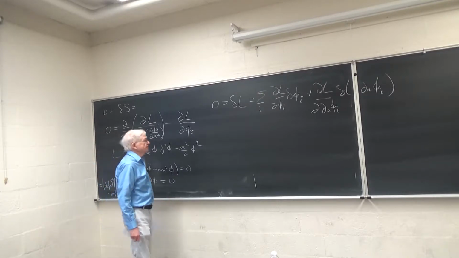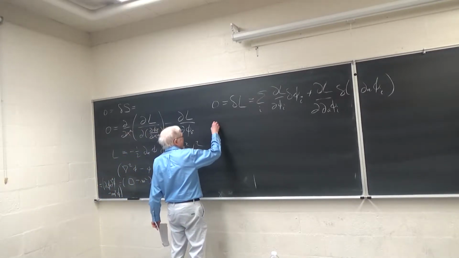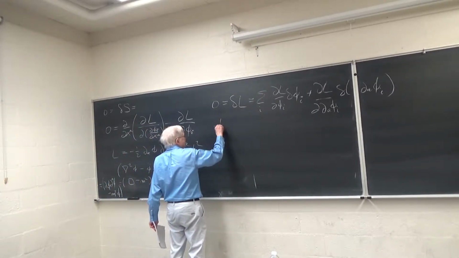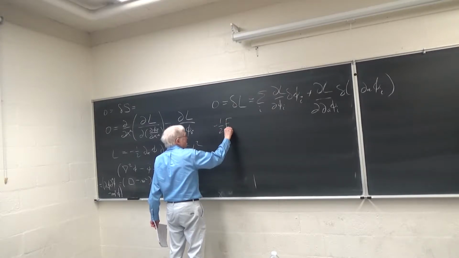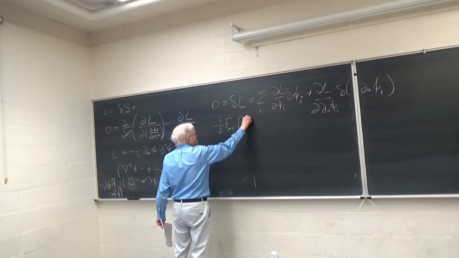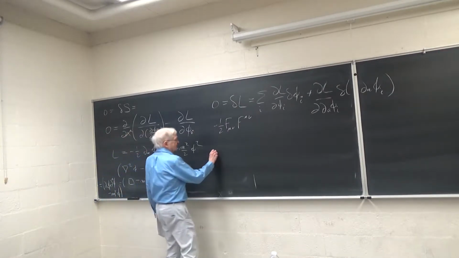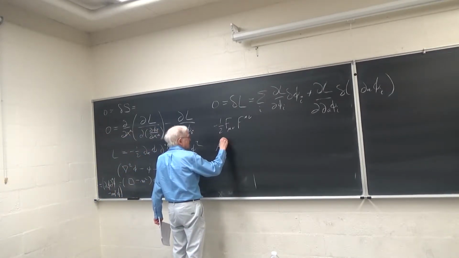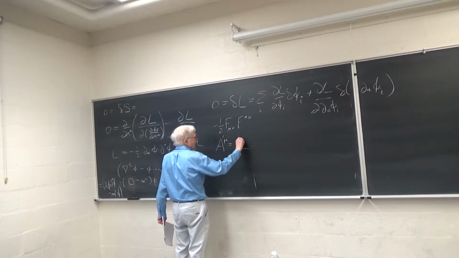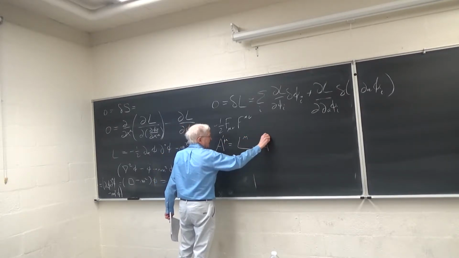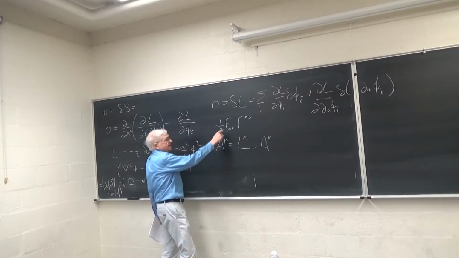It's also true that, for example, the Lagrangian of electrodynamics, which is minus a half F mu nu F mu nu, is also invariant if you say that A mu prime is L mu nu A nu.